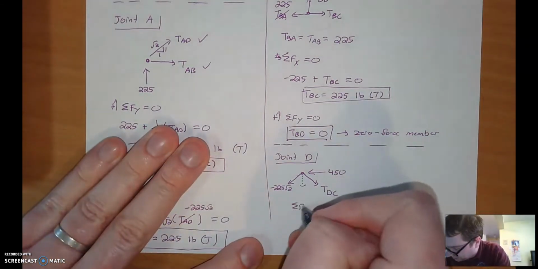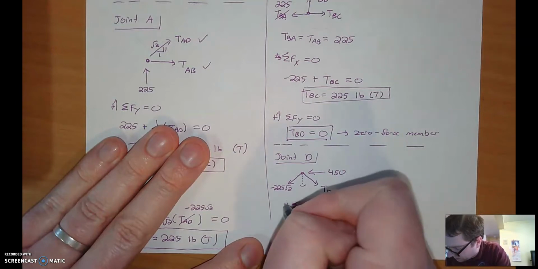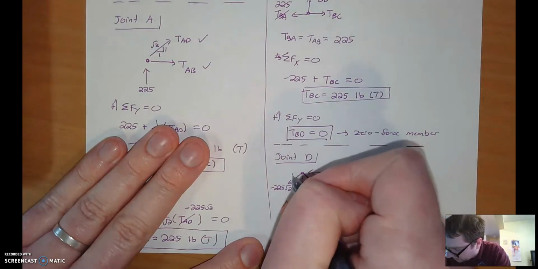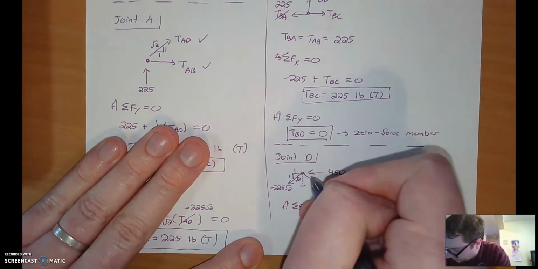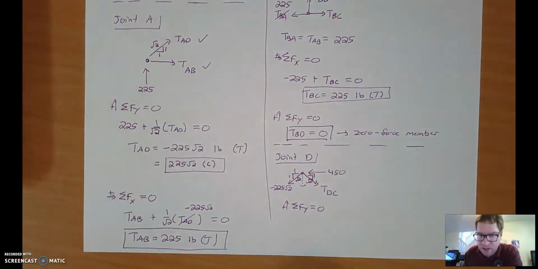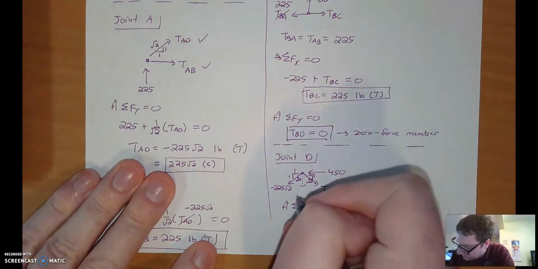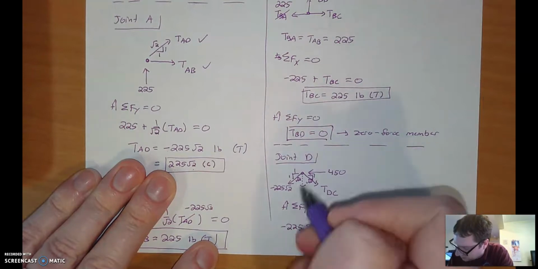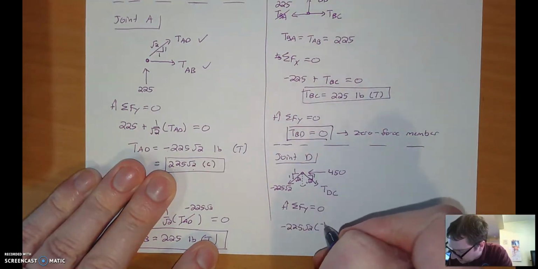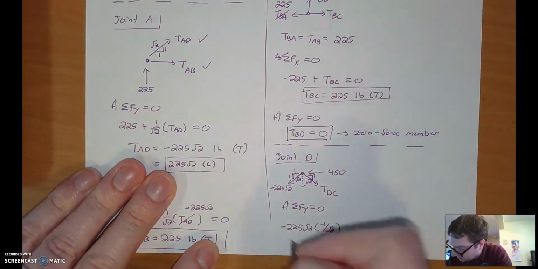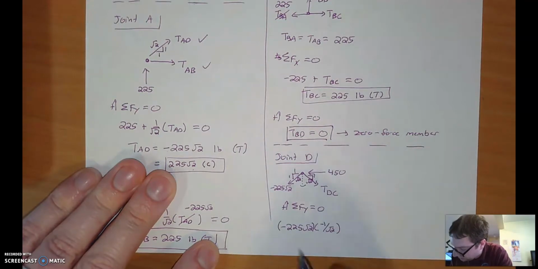So I do sum of forces in the Y equals 0. I'm going to assume up is positive. So then I'm going to get, let's remember our triangle here, 1, 1, root 2 for both of these. All right. I know it's a little bit small. So we get negative 225 root 2, and we want just the Y component, so that's going to be a negative 1 over root 2. So negative because it's going down. And so this is just the magnitude of the tension, and this is the direction.